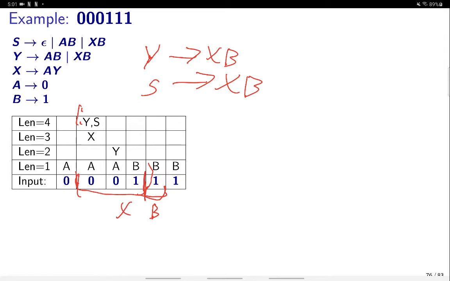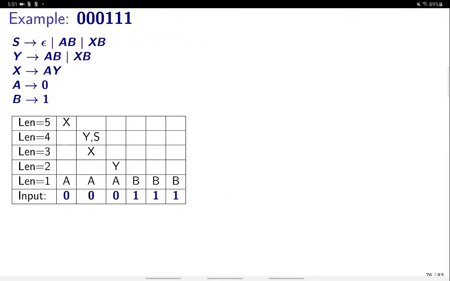That's how we get Y and S here. Then the next level is X, because X can go to AY. So we have this string of length 4, 0011, that we can generate, and here we have a string A, so this is a Y deriving X. So we get that the string with 3 zeros and 2 ones can be derived by X.